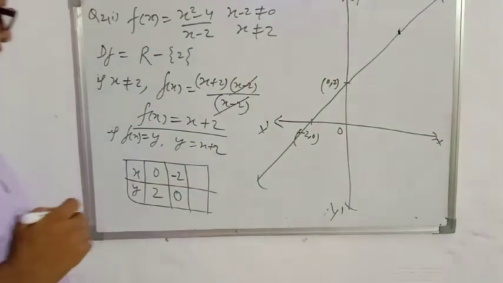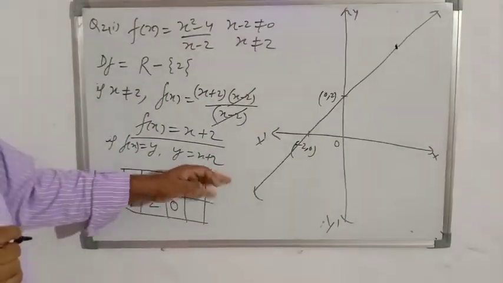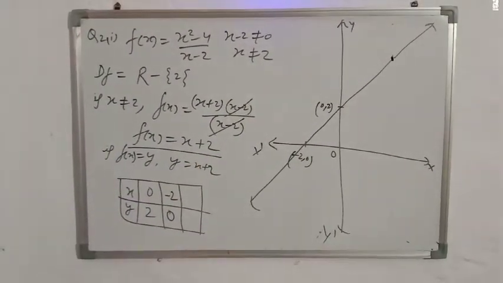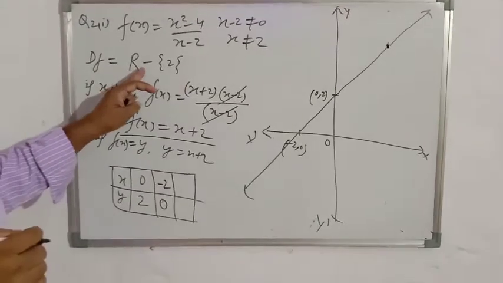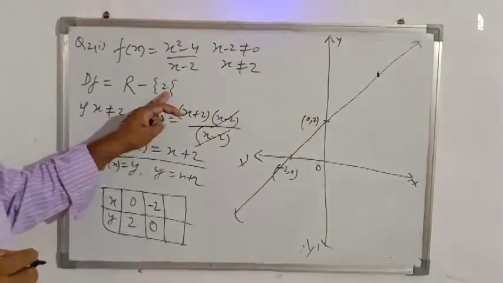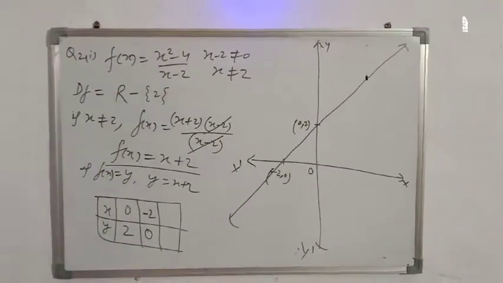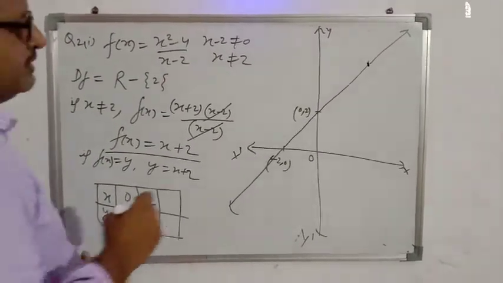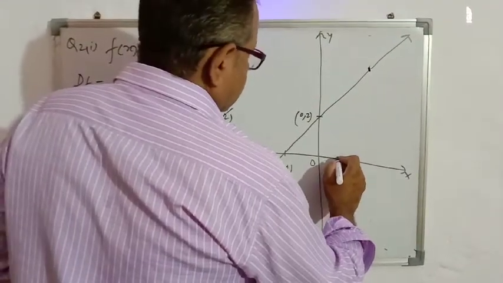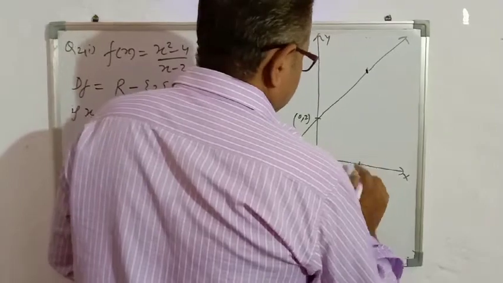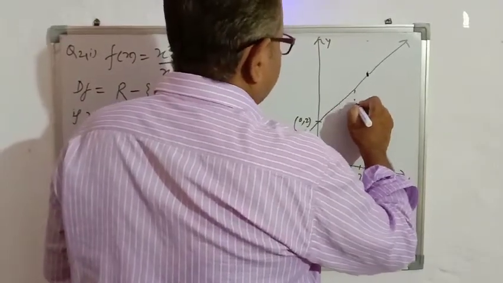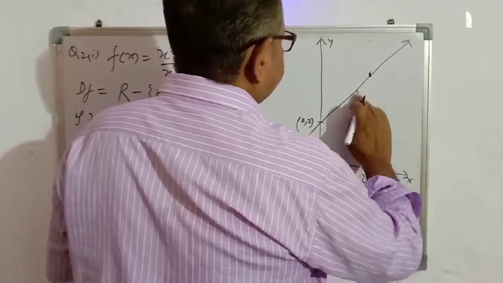Like this. So this is the graph of y is equal to x plus 2, a straight line. But the domain of the function is all the real numbers except 2, meaning at 2 the function is not defined. Suppose this point is 1, this is 2. So what will be the value of the function?